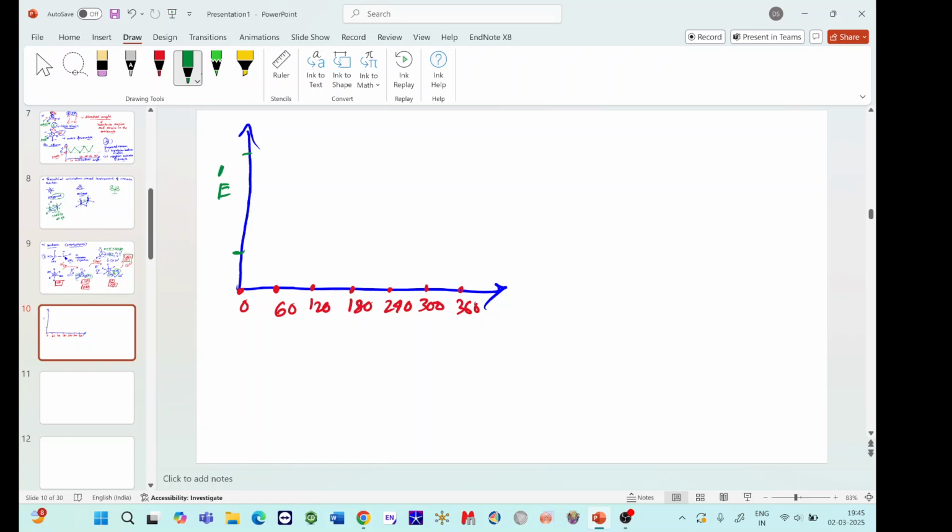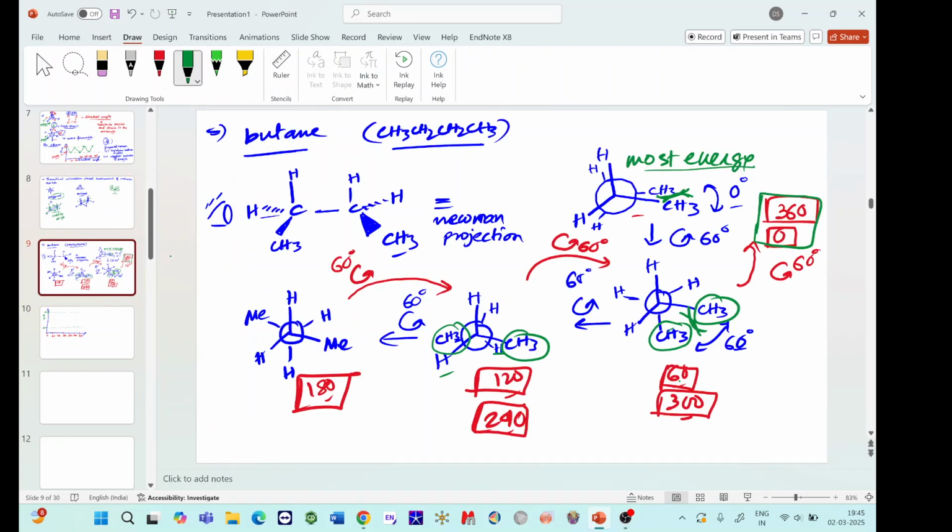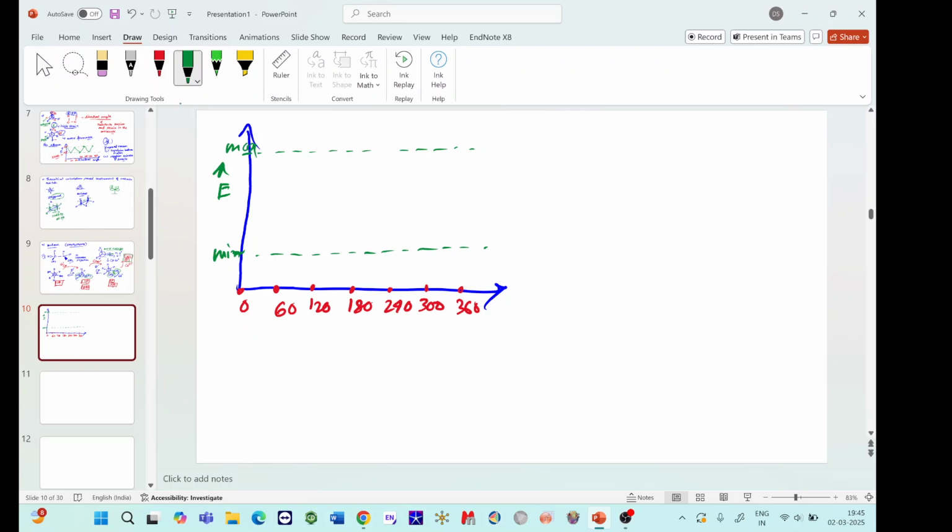This is your energy. This is maximum. This is minimum. We'll give an indication for a bar. So you know that 0 and 360 you have the maximum.